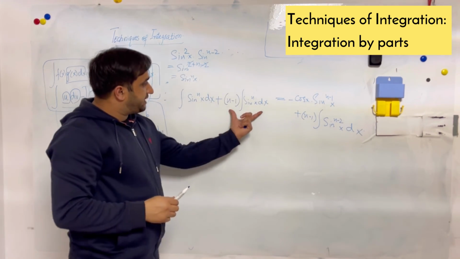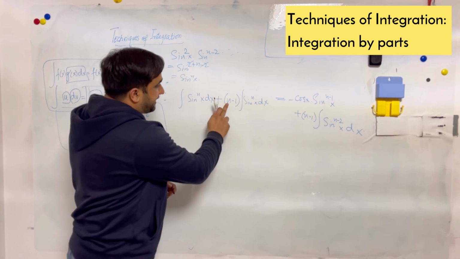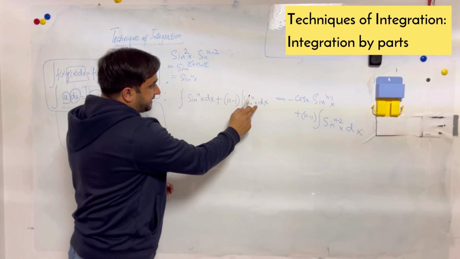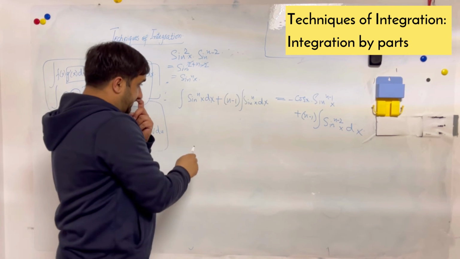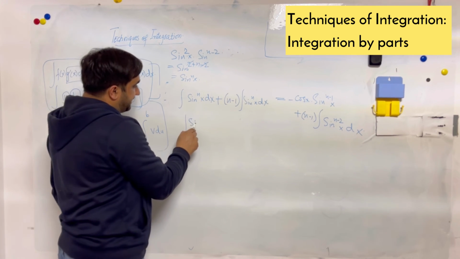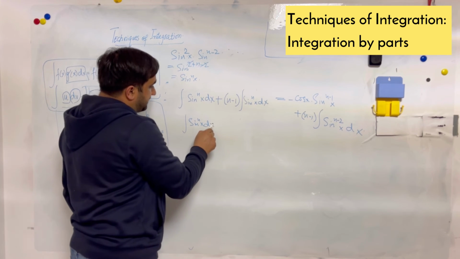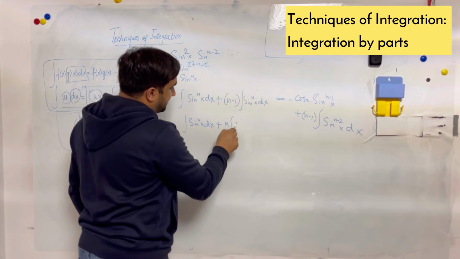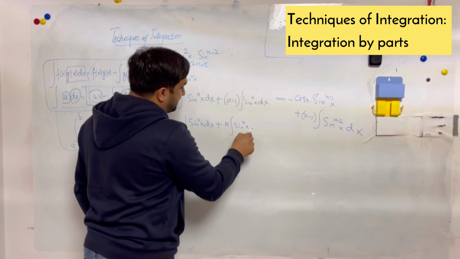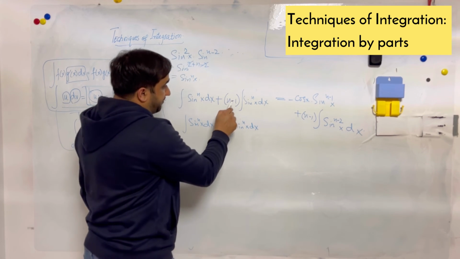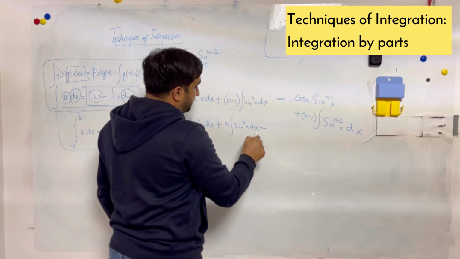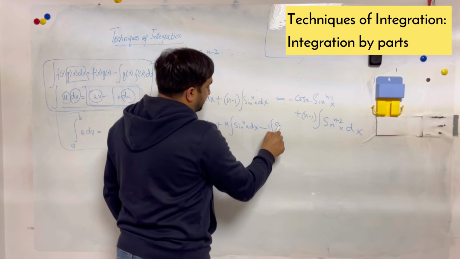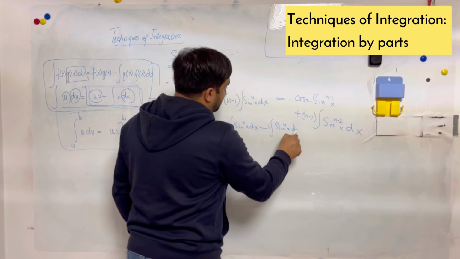Now we can also split these. One time this will be multiplied with n, another time this will be multiplied with minus 1. So it will become integral sine n x dx plus n into this whole integral, so it will be n integral sine n x dx, then minus 1 into this whole integral, so it will be minus 1 integral sine n x dx.